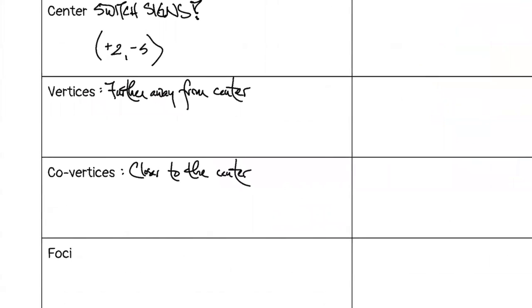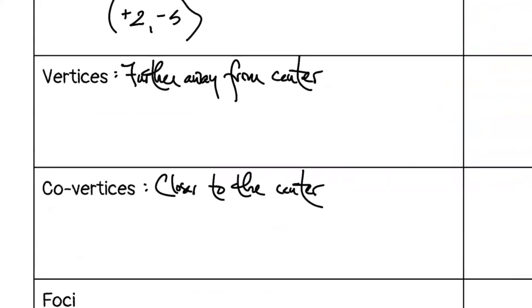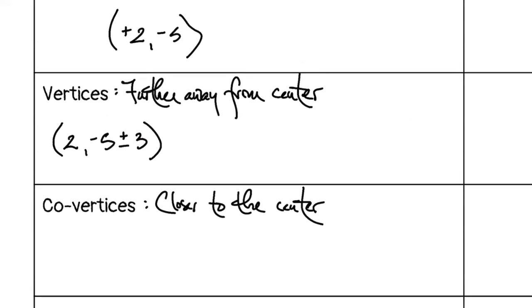Okay, so the textbooks sometimes will give you a formula, but I think when we get the formula, it sort of ruins the surprise of why it is the way it is, right? But if we take what you just told me, we can figure out that formula. The vertices, we're going to keep the x value, right? Because we're looking at the green dots that are above and below. And we're going to take the y value of the center, -5, and we're going to add and subtract 3. 3, because that was the number underneath y.